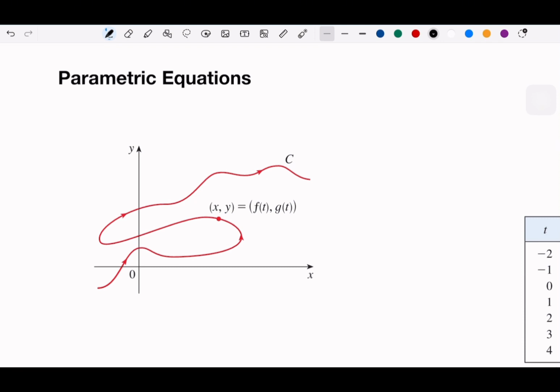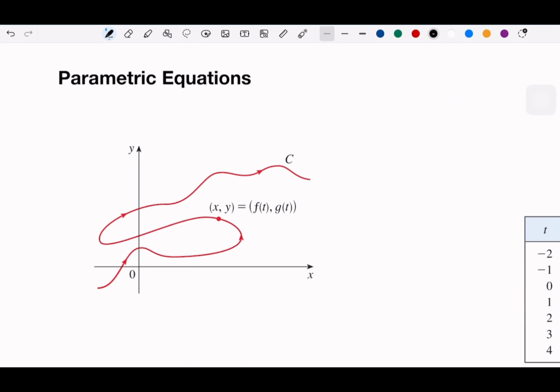Of course, you need to get the context here, which is that there is an additional variable. So you can say that f, g, or the x, y position depends on the t. You could think of t like a time.